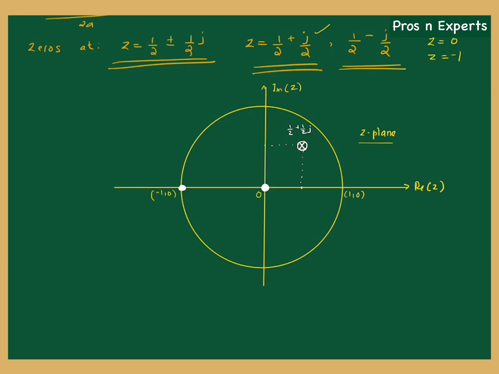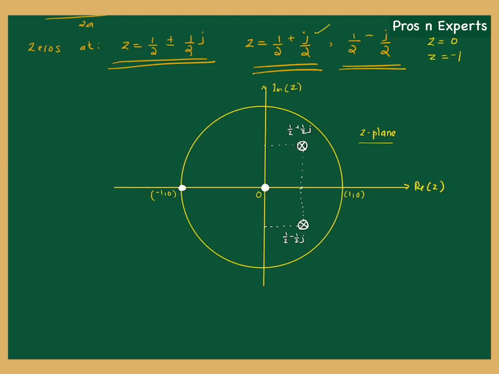Now one more pole is there, which is half minus half j, which is just the complex conjugate. Complex conjugate means it has the same magnitude but different phase. So this is half minus half j. Half in this axis and minus half means fourth quadrant. So this is the pole zero plot of this system.